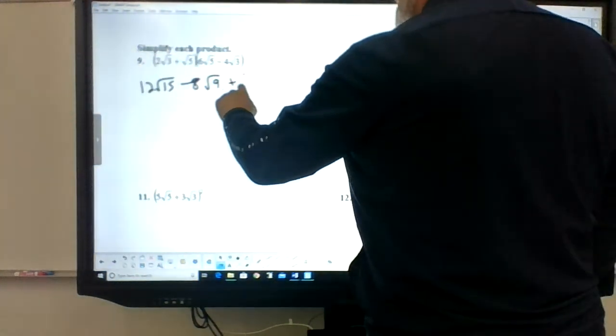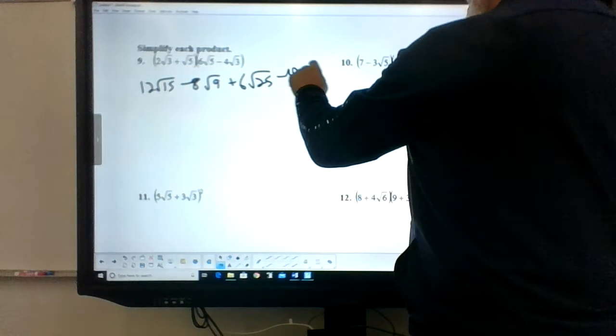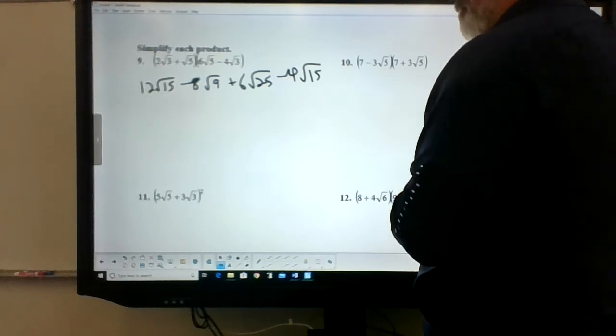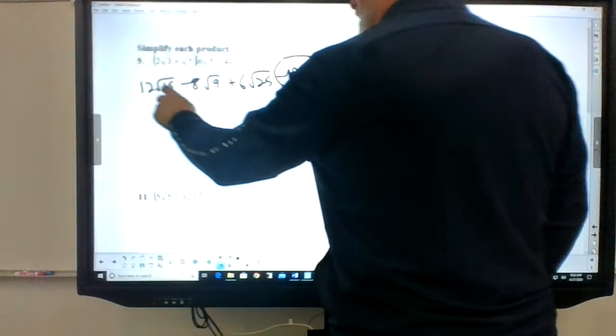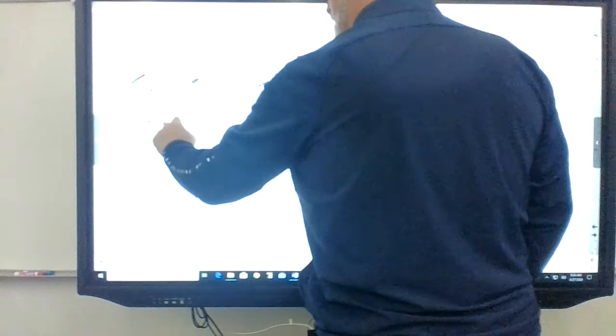I get plus 6 radical 25 minus 4 radical 15. I'm going to combine these two. 12 minus 4 is 8 radical 15.